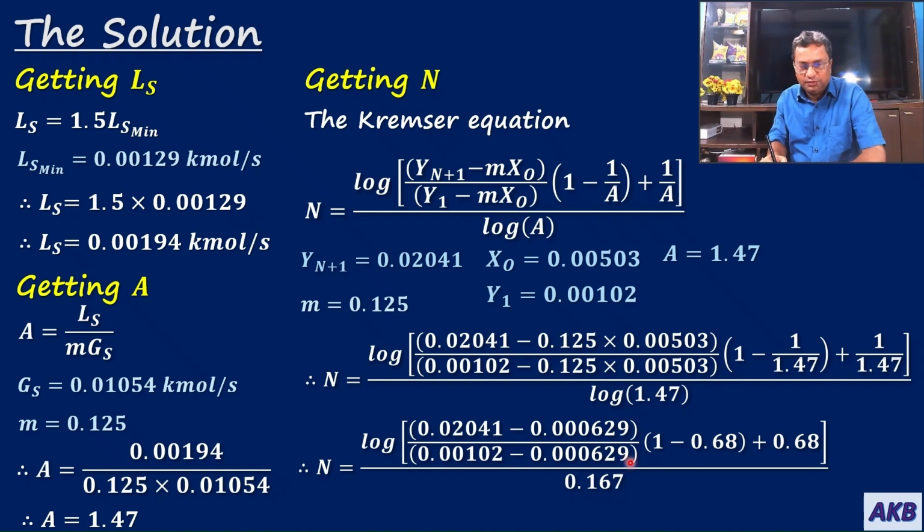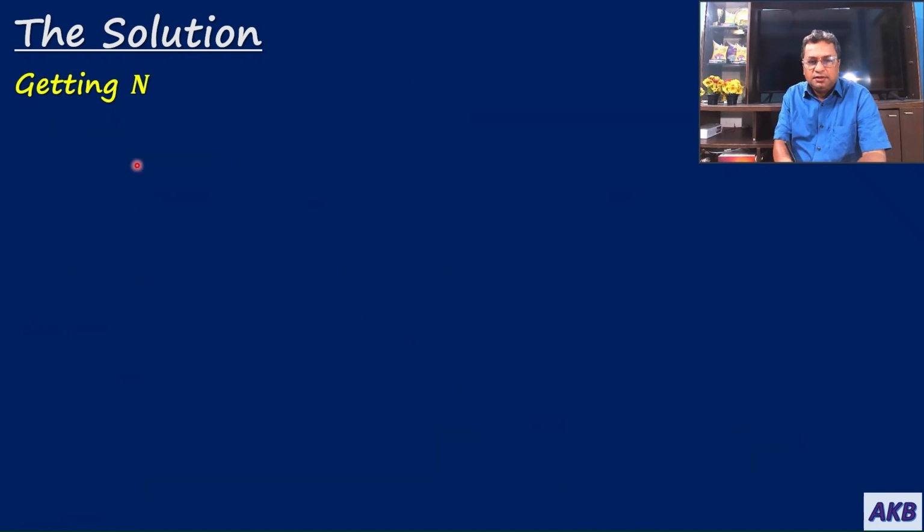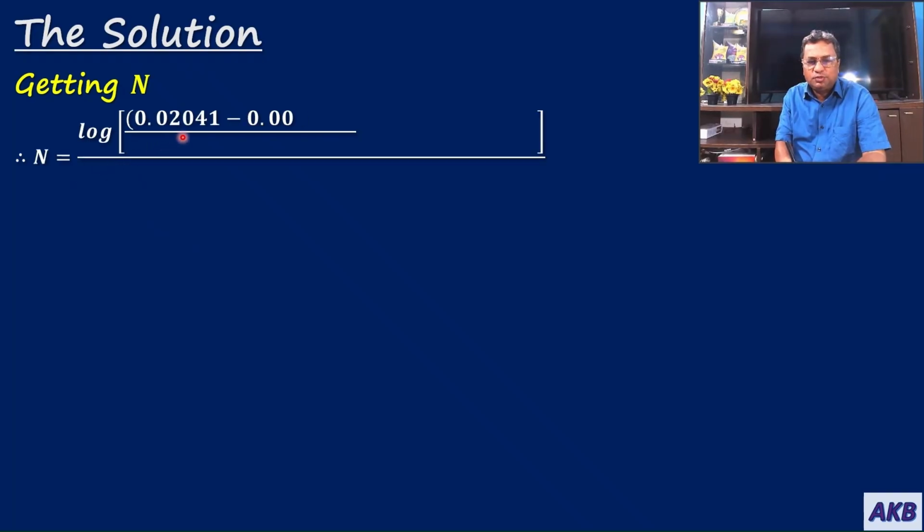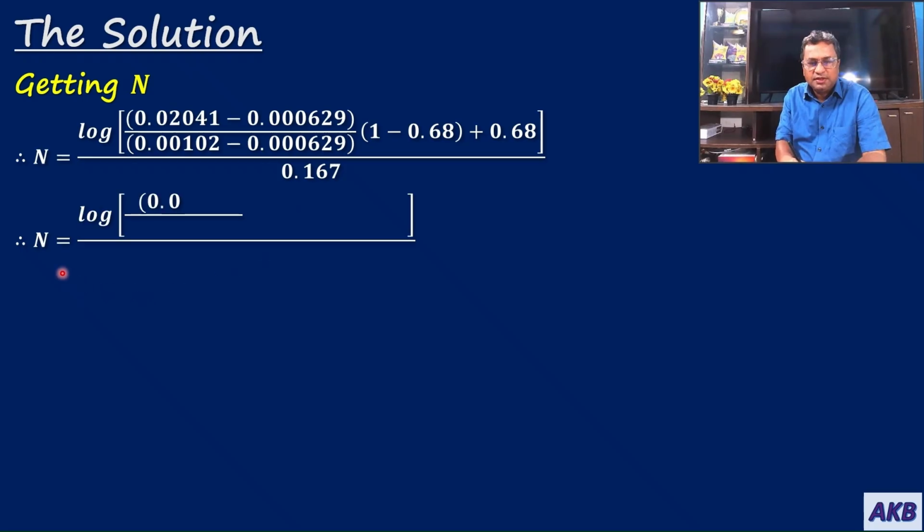So let us continue with this. N is log of 0.02041 minus 0.000629 divided by 0.00102 minus 0.000629, into 1 minus 0.68 plus 0.68, divided by 0.167. So N is equal to log of, this is 0.0198 and this is 0.000391, into this difference 0.32, plus 0.68, divided by 0.167.